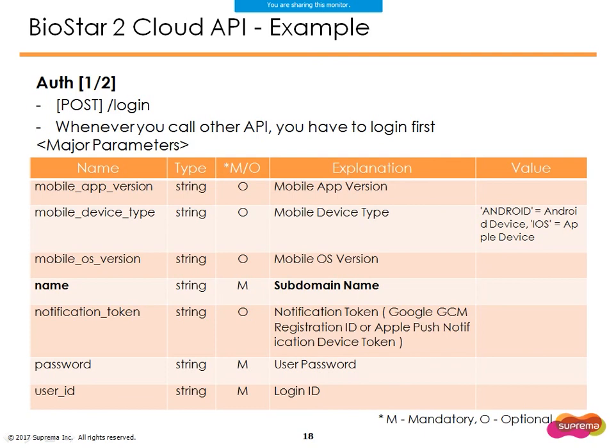First of all, the global variable session ID is very important to maintain a session you log in. As I mentioned earlier, whenever you call other API, you have to first call login API. However, if we use this variable, you don't need to call login API every time.